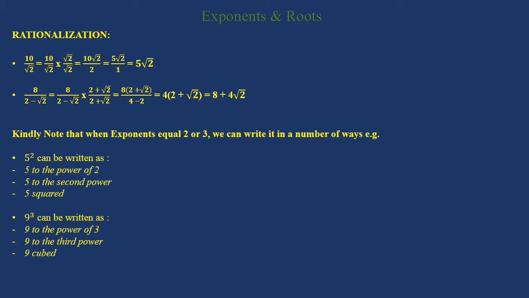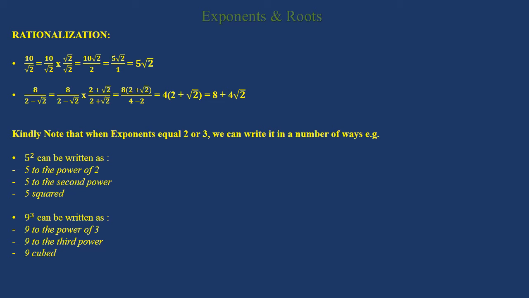Now if we have another question that says 8 over 2 minus under root 2 is equal to what? What we're going to do is multiply and divide the expression by 2 plus under root 2. Now the logic behind it is that we are applying the formula a square minus b square is equal to a plus b into a minus b.